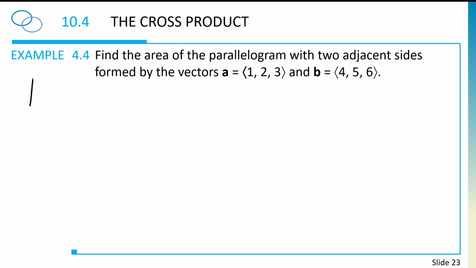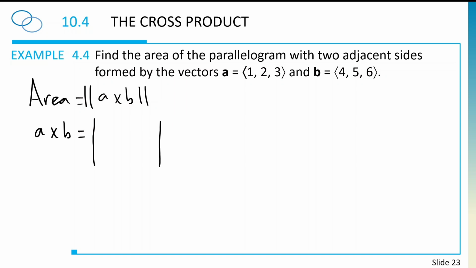We know that the area is the magnitude of their cross product. Let's find the cross product. In order to find the cross product, remember you need to build your matrix. So this is I, J, K, 1, 2, 3, 4, 5, 6.